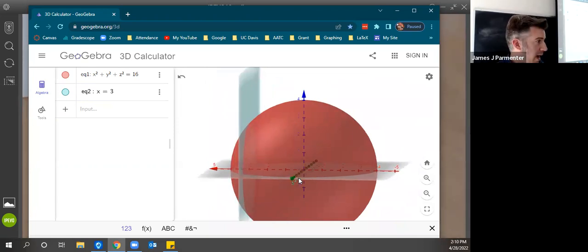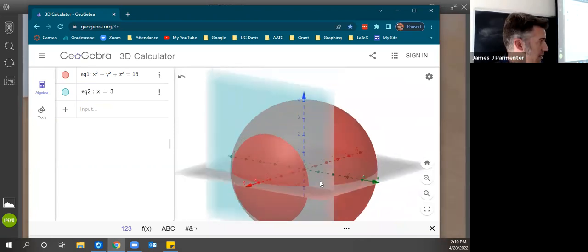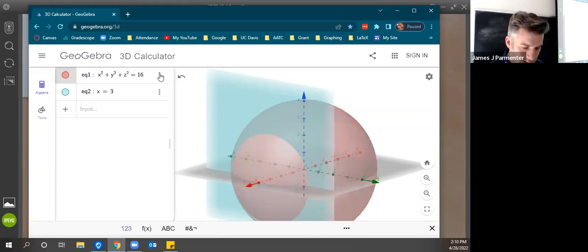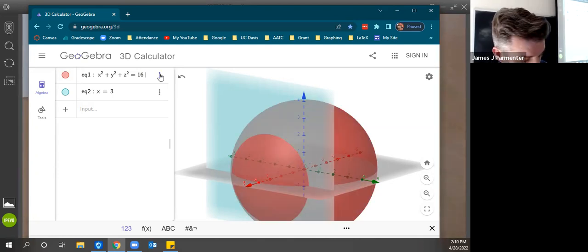So definitely worthwhile. If you're trying to see what 3D things look like, you can usually do something to get close to what you're trying to graph, if not the entire thing. You might be able to do something funky with this one. I don't know if this is actually going to work, but you might be able to say something like, we want x to be bigger than 3.